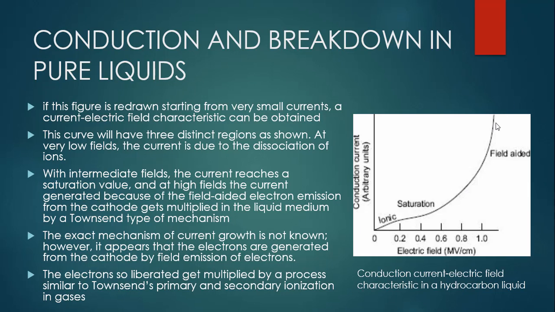It starts with a very low value of conduction current when we slowly increase the electric field, which is almost negligible, and then it reaches a saturation point, and then Townsend's breakdown occurs and the avalanche breakdown is created. So this is the characteristic and the breakdown of pure liquids.